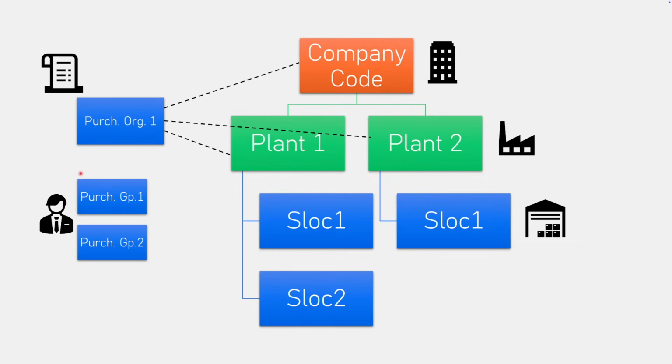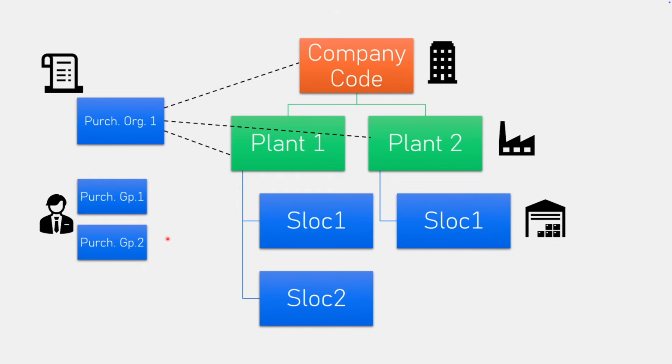Then you can see one more entity here which we call purchase group. Now you see I have not connected these purchase groups to any of these organizational elements. I have not connected this to either purchase organization or plant or company code. This is because a purchase group is simply a group of people who are actually sitting in the office and doing the purchasing activity. A purchase group is simply for reporting purposes and for authorization purposes.